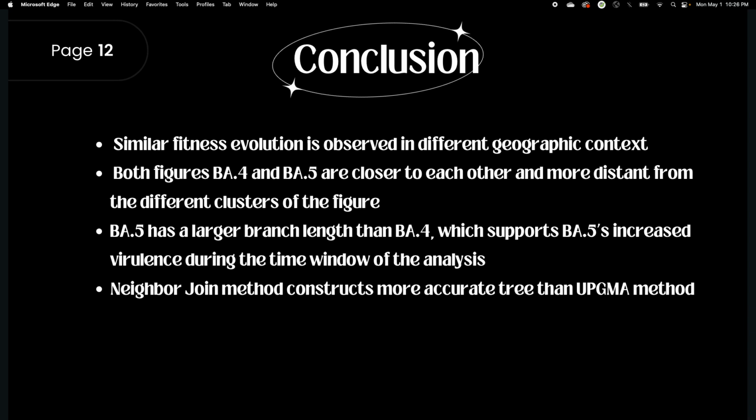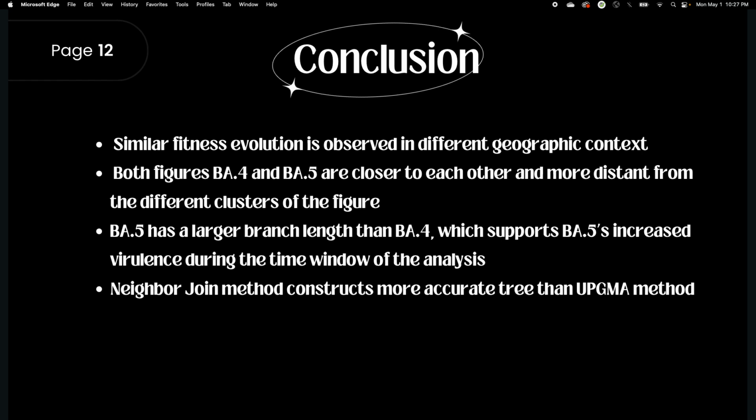Another deduction from our research is that the Neighbor-Join method constructs more accurately than the UPGMA method, because it does not consider a constant rate of evolution.